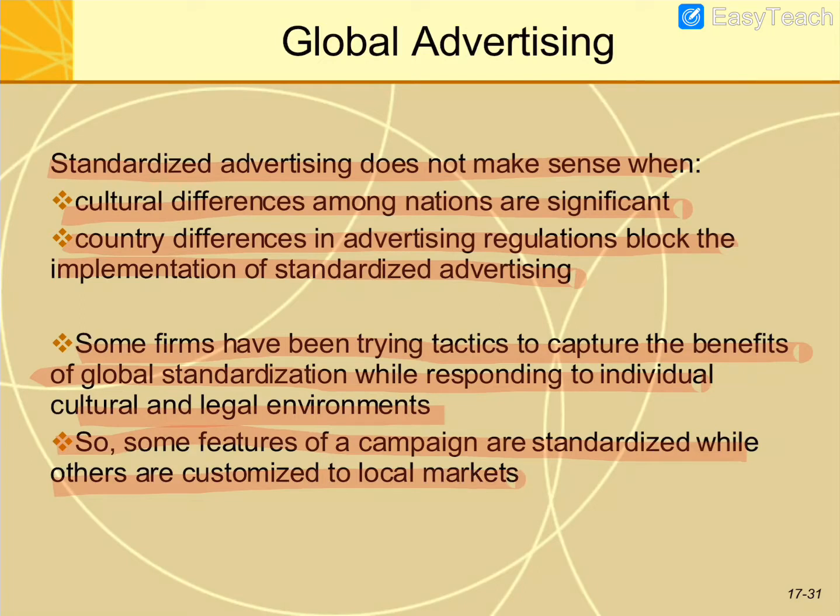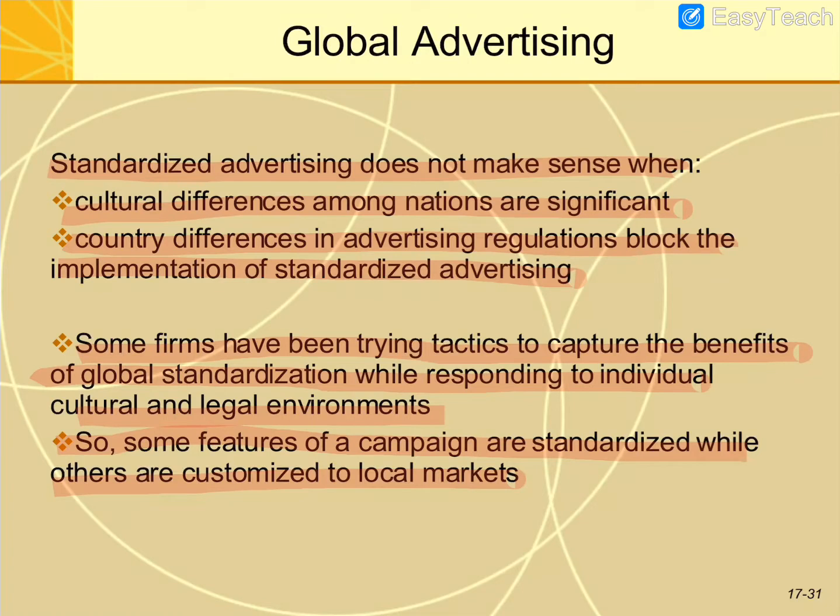So if you want to do global advertising, you must see the different things. I mean, if they have a culture difference, you cannot go for global advertising. For example, in some countries in Europe, advertising related to alcohol is normal for them, but in Malaysia normally we don't do this kind of advertising.